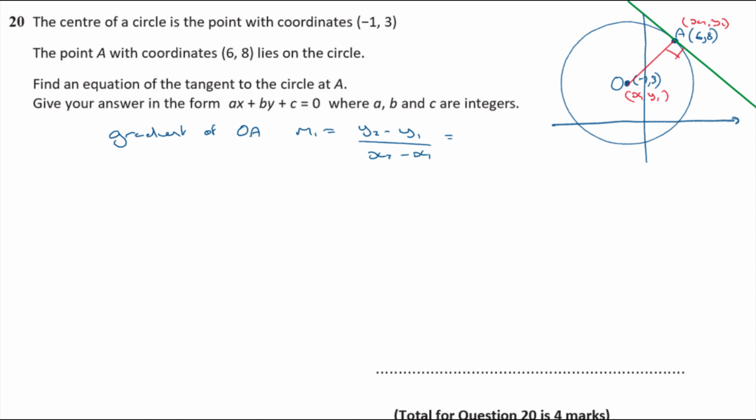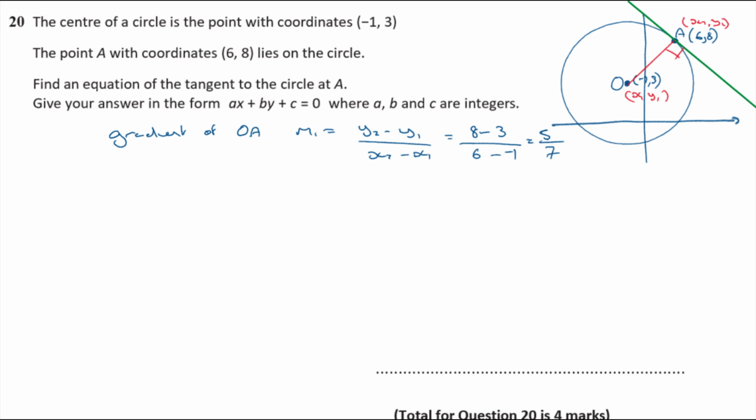So y2 is 8 minus y1, which is 3, divided by x2, which is 6, minus x1, which is negative 1. So 8 minus 3, that's 5. 6 minus negative 1, that is 7. So the gradient of this line is 5/7.